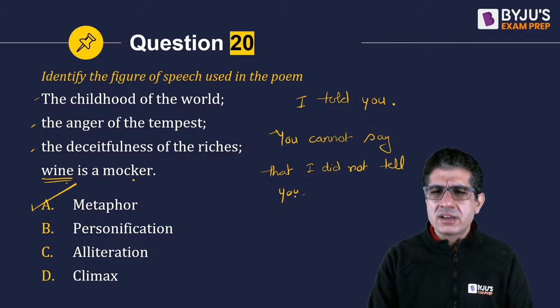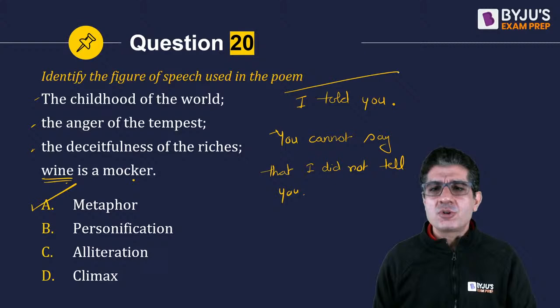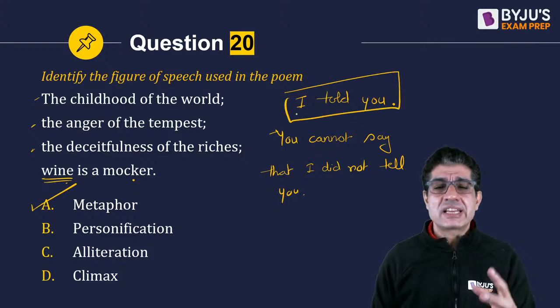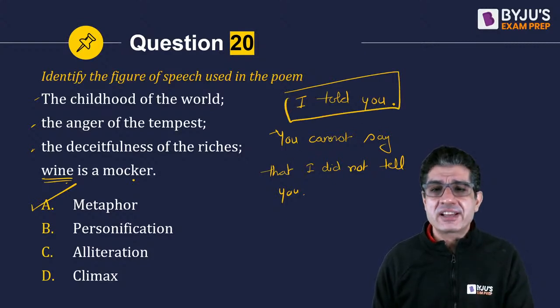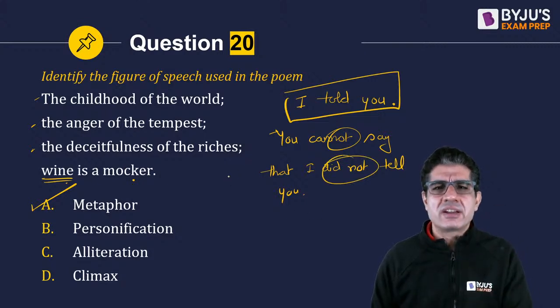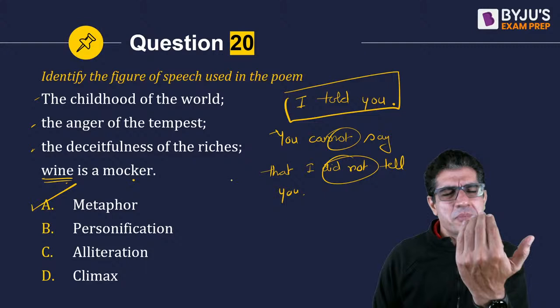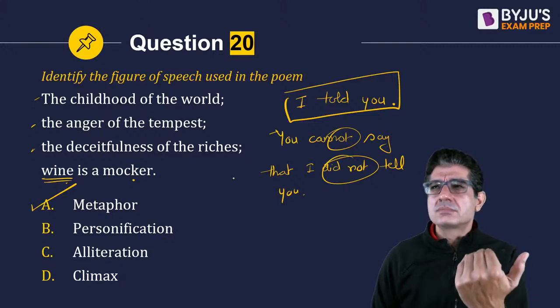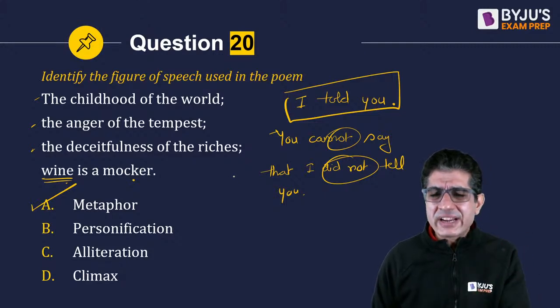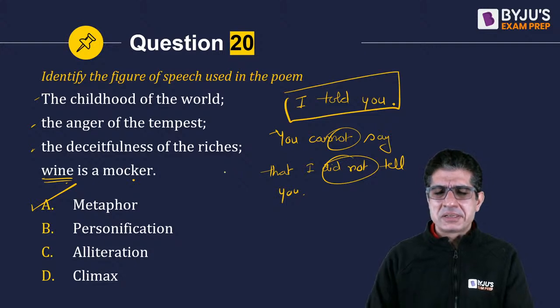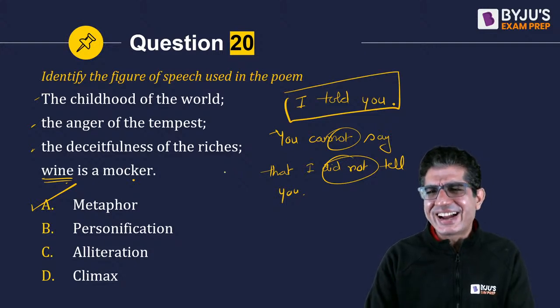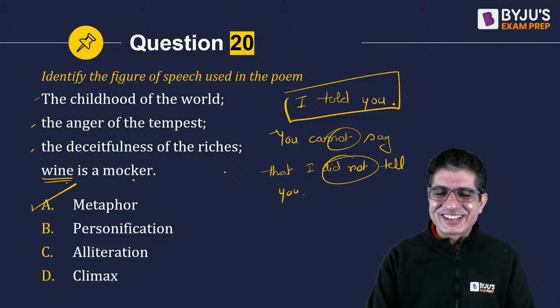So what have I done here? You notice I wanted to convey this, but instead of using the affirmative sentence, I basically used two negatives to convey that. So it makes it a little politer, less harsh, kind of a thing. So that's what it is.